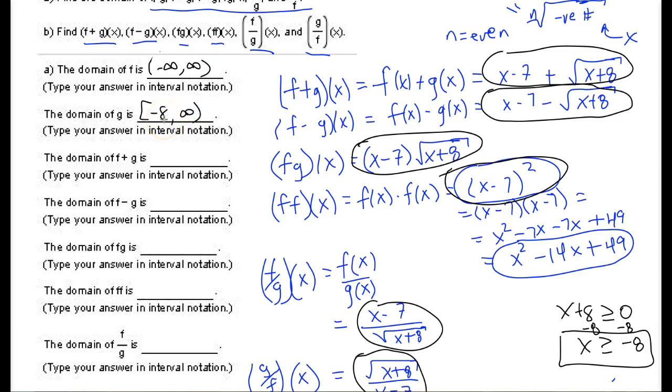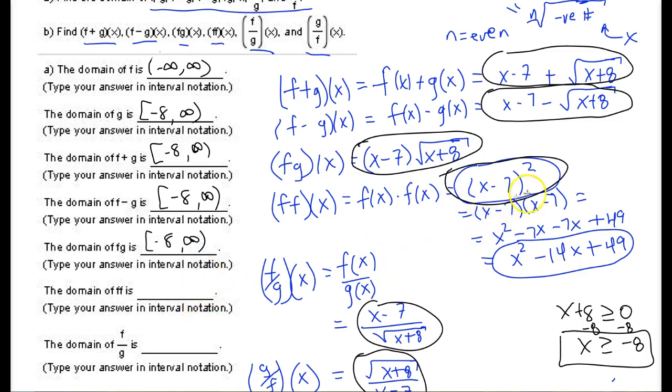Okay. All right, so for f plus g, the only restriction is going to be the same one as it is for the function g. And for minus, same thing. For f times g, same thing.